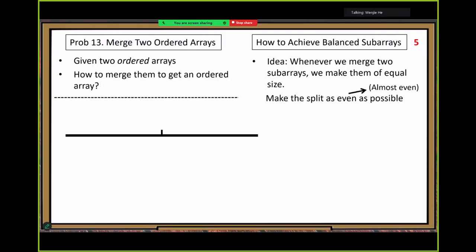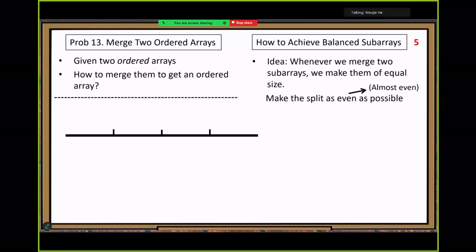Actually, here we should not call it the median, because median is a value. Here we mean the position in the middle, not the value in the middle. So it's not a median.